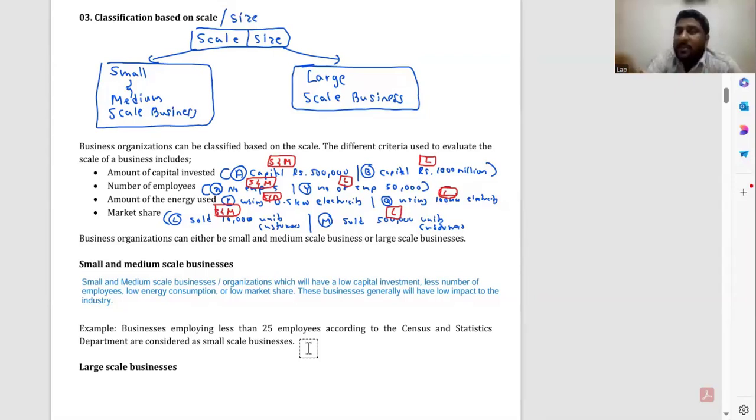Now, let's take in Sri Lanka, you have the car company Vega. We'll assume Vega cars is closing. There is no impact to the car industry in the world, people. But if Toyota closes, there will be an impact to the car industries in the world. So like that.